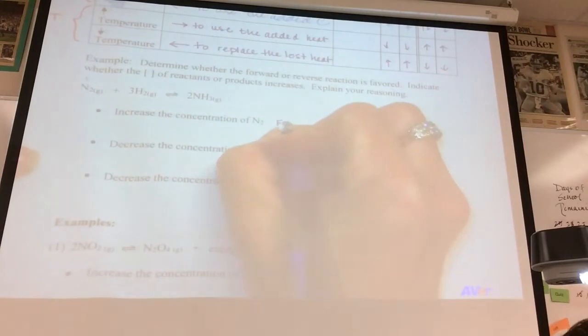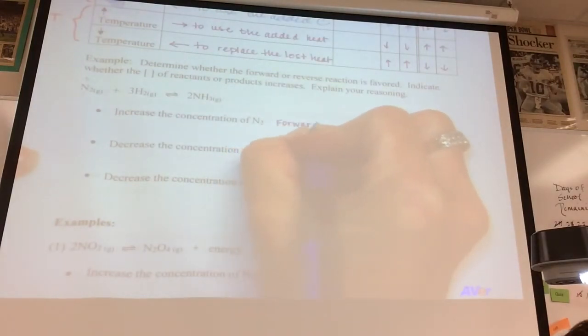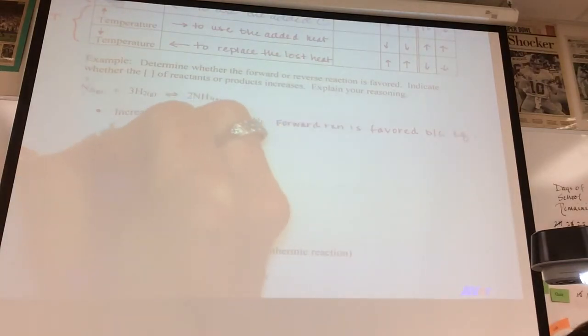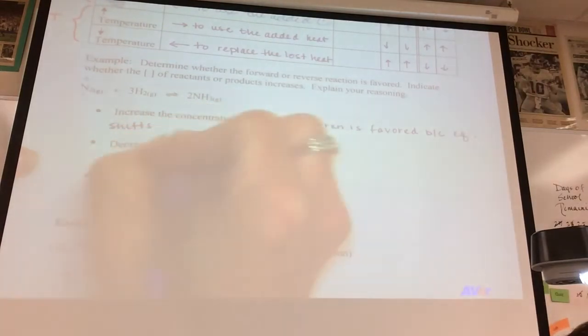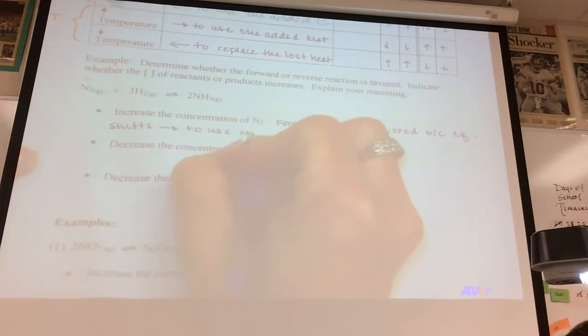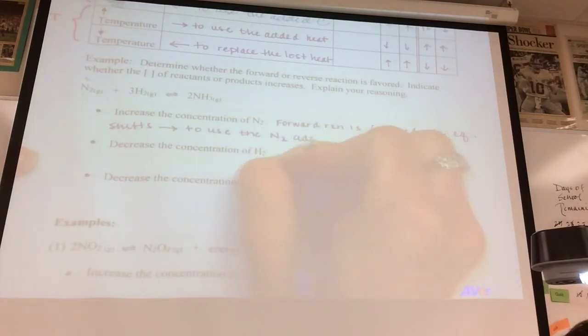Right, so in this case, the forward reaction is favored because equilibrium shifts forward to use the nitrogen gas added.